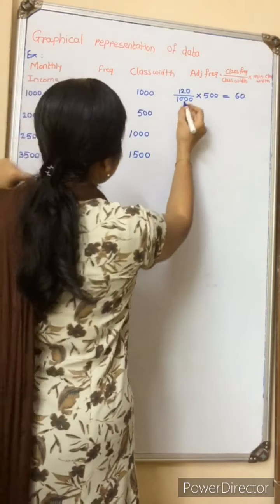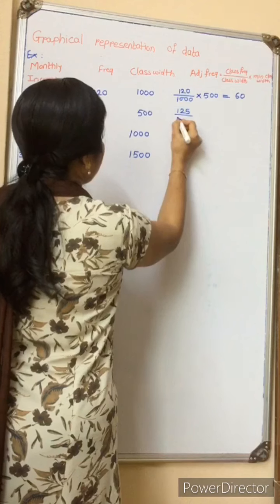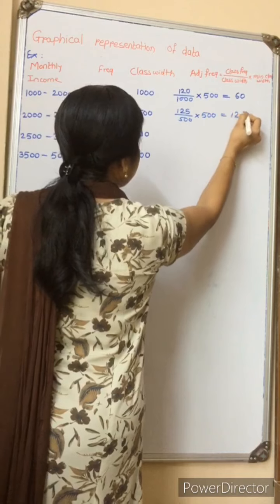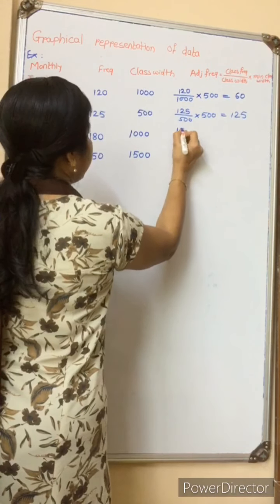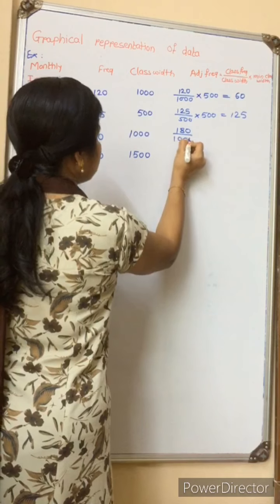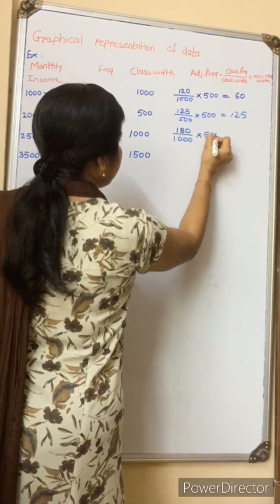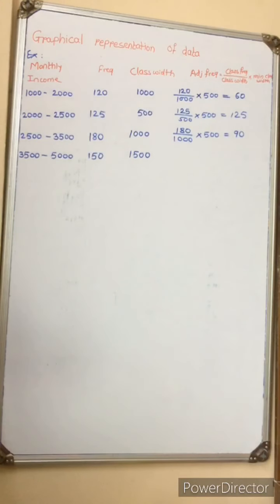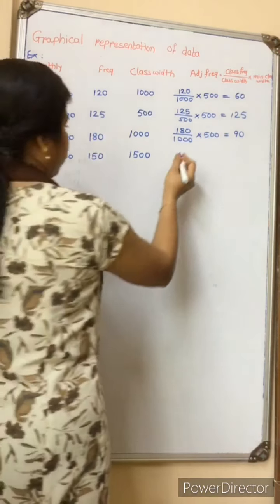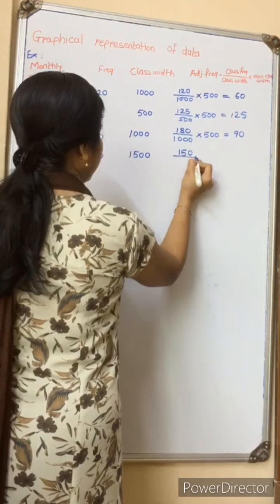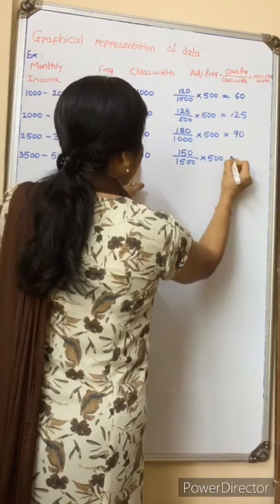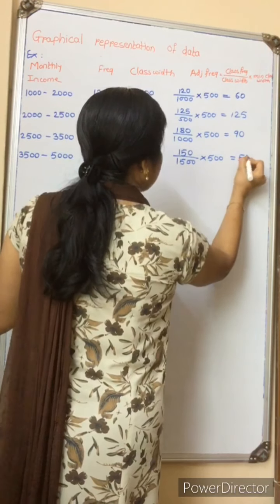Next, if you calculate 125 upon 500 multiplied by 500, you will get 125. Then 180 divided by 1000 multiplied by 500, you will get 90 here. 150 divided by class width 1500 multiplied by 500, and the answer you will get is 50.